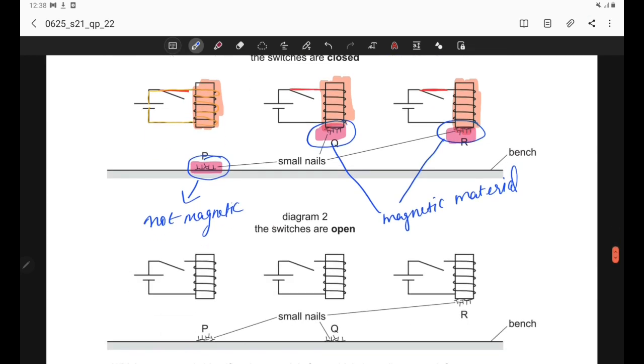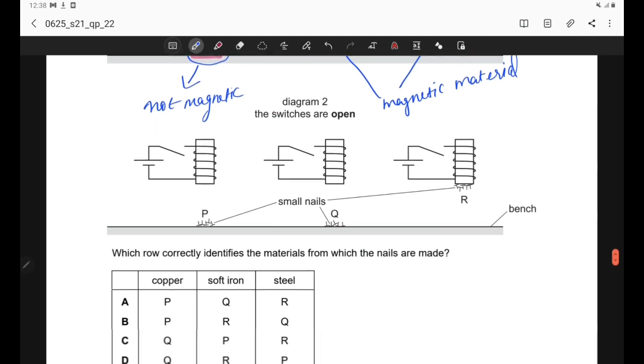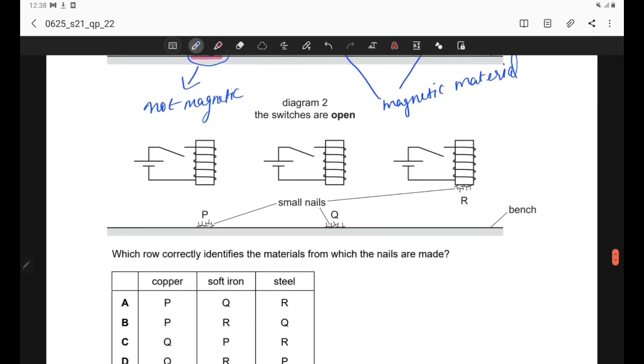Now we can go back to diagram 2. In this diagram it is mentioned that the switches are open. So these electromagnets, once the switch is on in diagram 1, were behaving as magnets, but once the switch is open, they will lose their magnetic property. Then they won't act as magnets anymore.